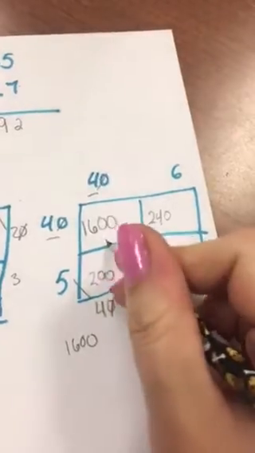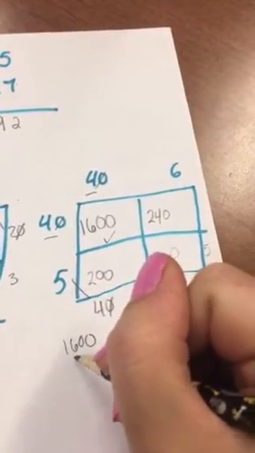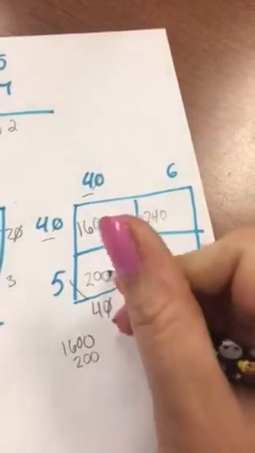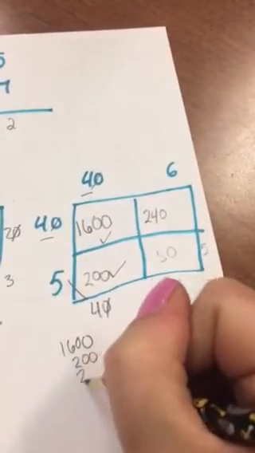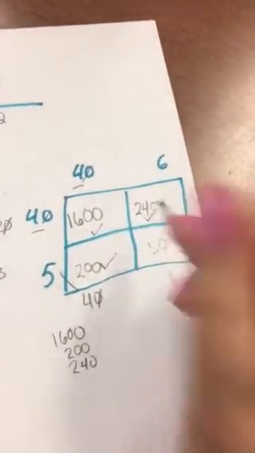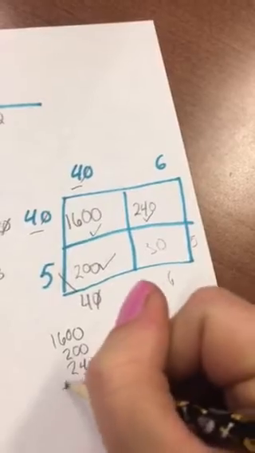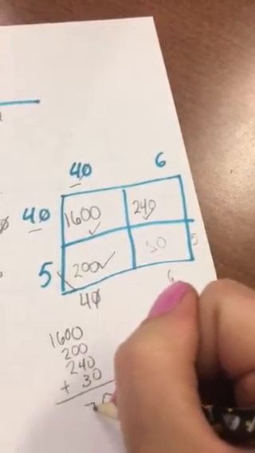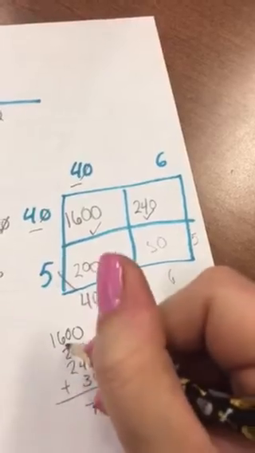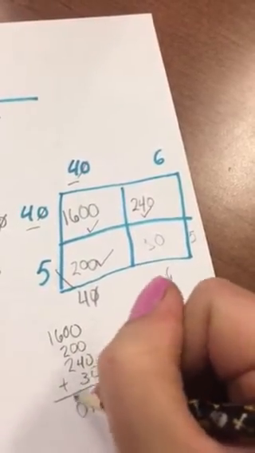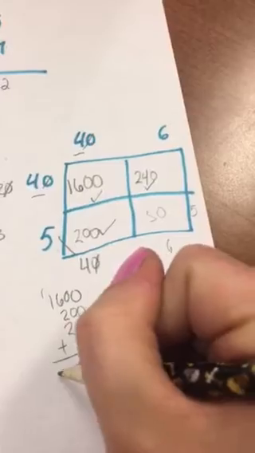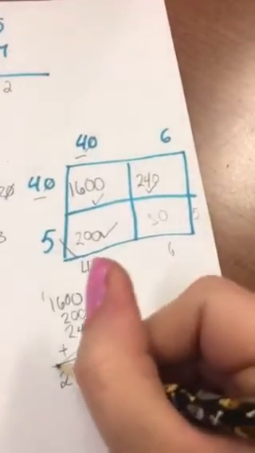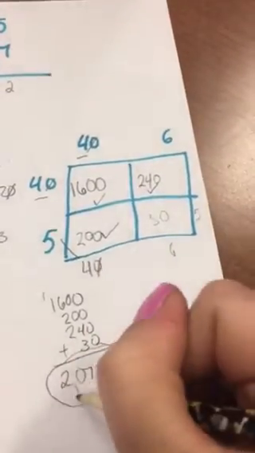I'm going to add by my places here. 1,600, check, plus 200, check, plus 240, check, plus 30. 0 plus 0 plus 0 plus 0, 4 plus 3, 6 plus 2 is 8, plus 2 more is 10, and carry my 1. Finally, here's an answer choice, 2,070, so C is your best answer choice.